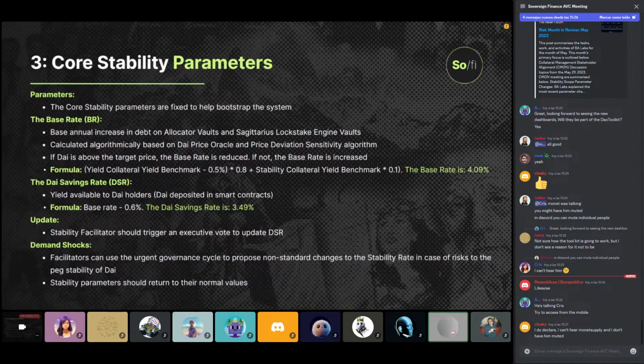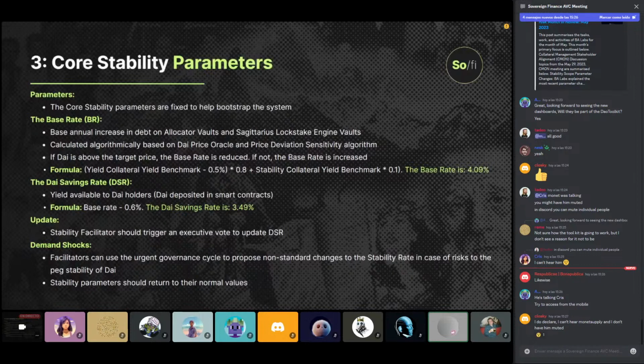And the scope is a set of rules, but it's primarily run by two different classes of contributors. There's the facilitator, who's responsible for submitting or signing off on changes. And then there's also the advisory council.